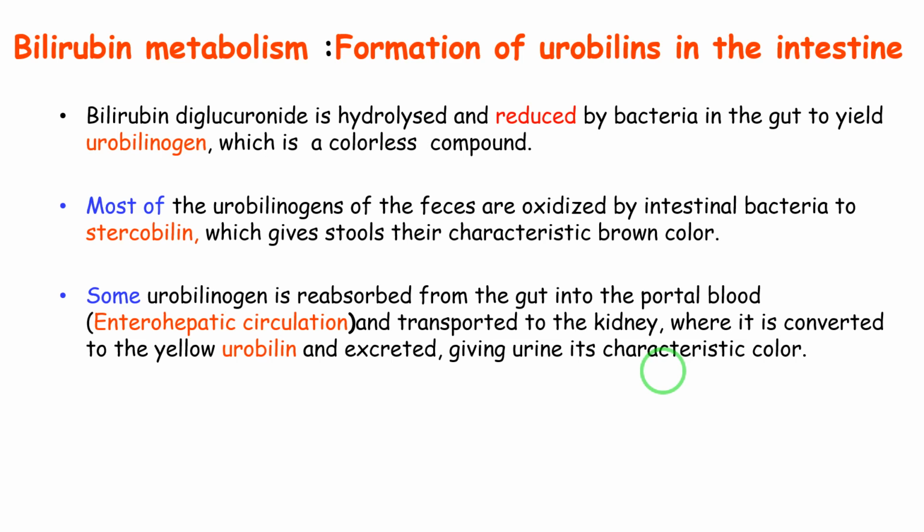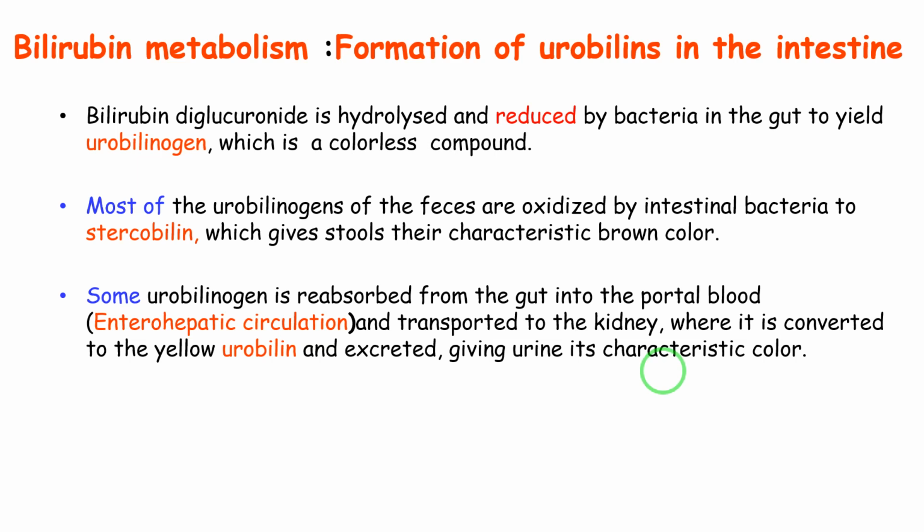They act on this bilirubin diglucuronide. It undergoes hydrolysis and is converted to a product called mesobilirubin, and then mesobilirubinogen is reduced to a very important molecule called urobilinogen.